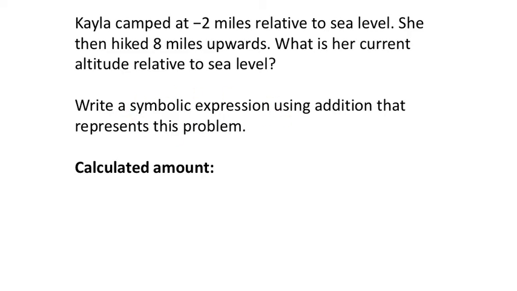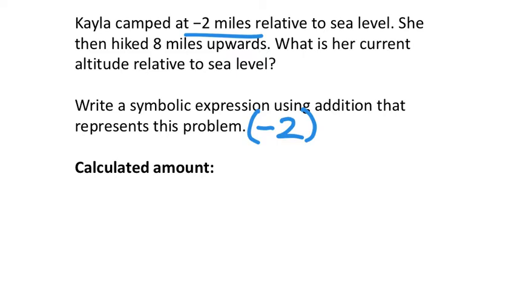And do remember, and I believe I checked on this one in the assignment, if you're going to use negative values, we're going to put those in parentheses. So -2 miles is where she's going to start her camping here. So I'm going to start with -2 in my expression, and like we said, you need parentheses around your negative values for this type of problem where it wants the symbolic expression or the interpretation.